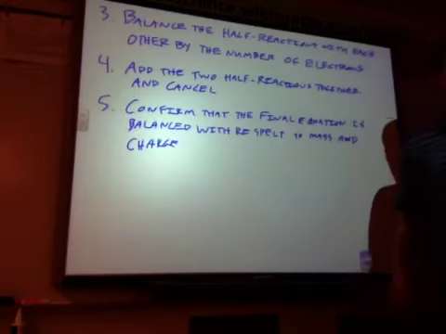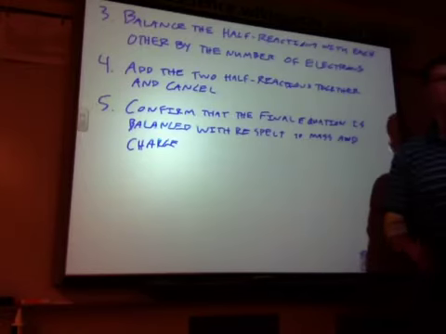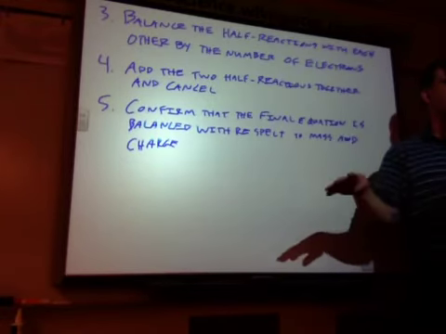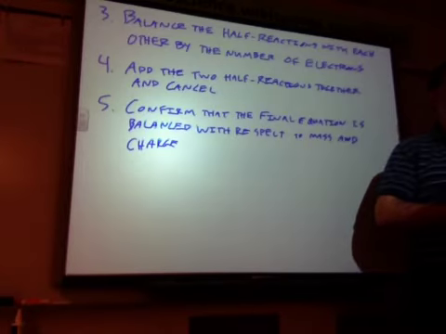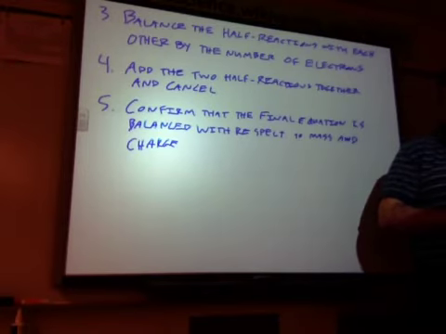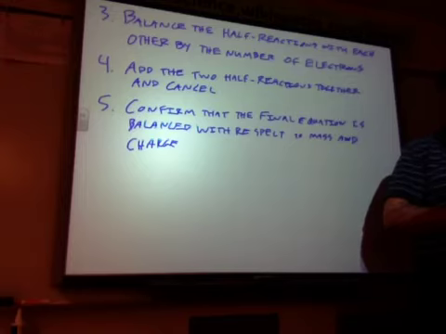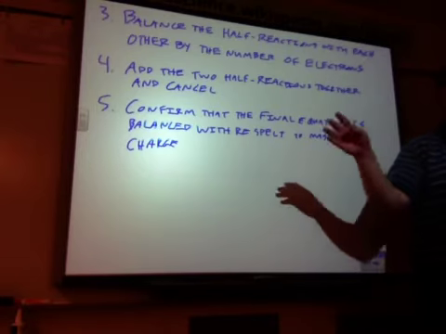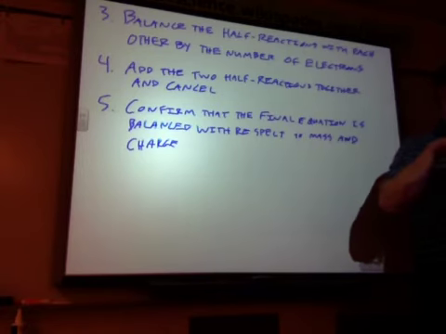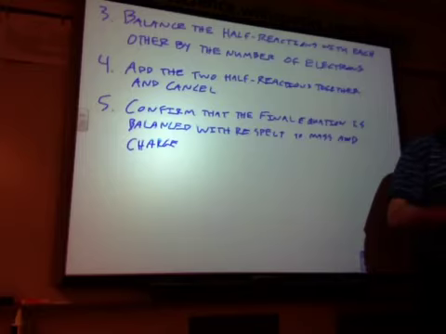In other words, your final equation needs to have the same number of atoms of each type on both sides. It needs to have the same overall charge on both sides. Now the overall charge is just positive charges and negative charges added together. So it is possible that you have ions on one side and just pure substances on the other with no charge. That's fine as long as all the charges balance out.